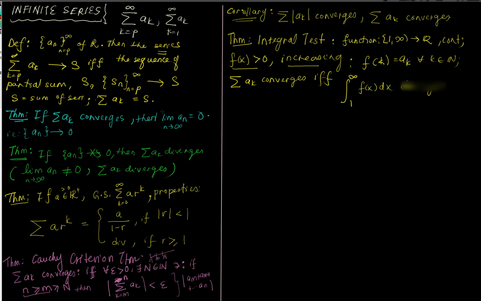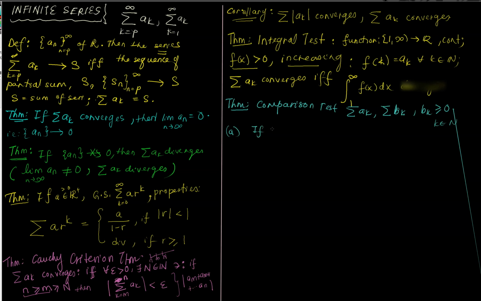All right, let's take a look at the next item. The next item is another theorem, and we all definitely know this theorem. The theorem is called the comparison test. Suppose we have series a_k and series b_k, where b_k is positive for all k in N. Then we have two outcomes here.